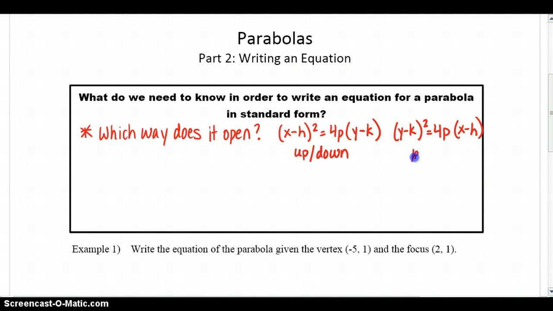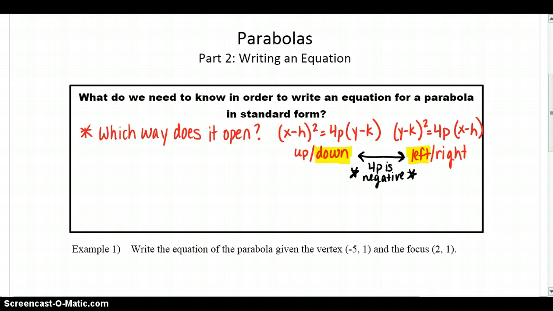And that's the equation we would use if it opens left or right. So it's really important we know which way it opens, because that determines which of these two equations we're using. Another thing to keep in mind, if it opens down or if it opens left, both of those would mean 4p is negative, because down and left, those are both two negative directions. So that's another important thing to remember.